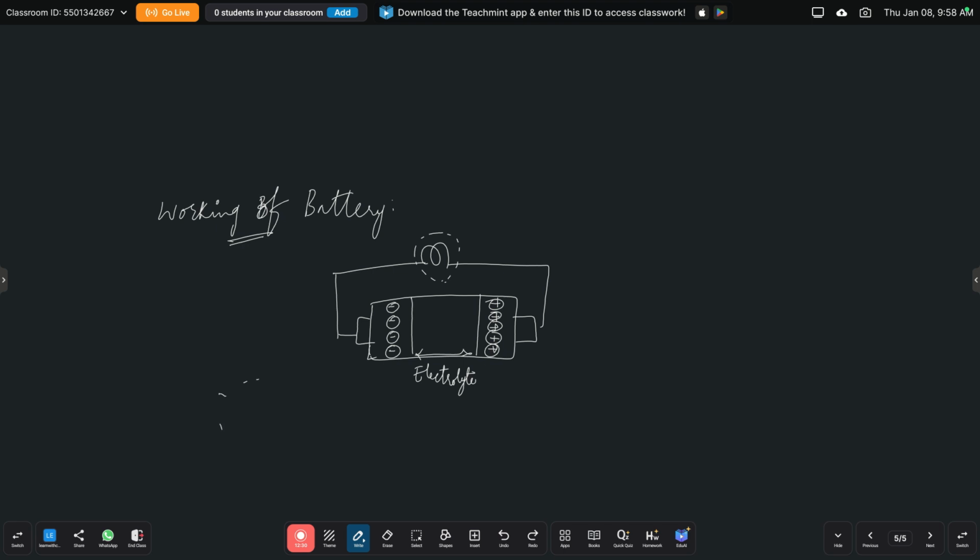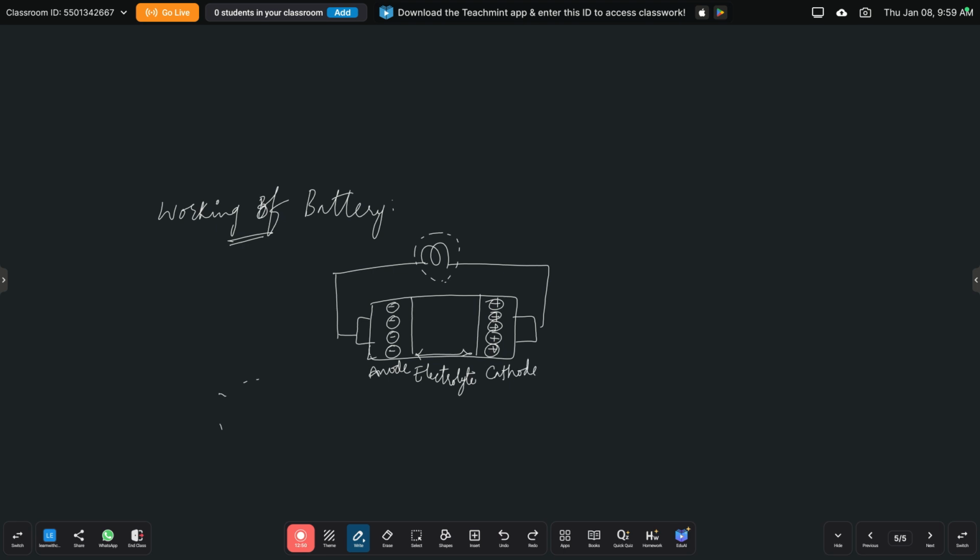Electrolyte components. So basically we know that the cathode is a positively charged electrode. During a chemical reaction it gains electrons, which is called reduction, right?